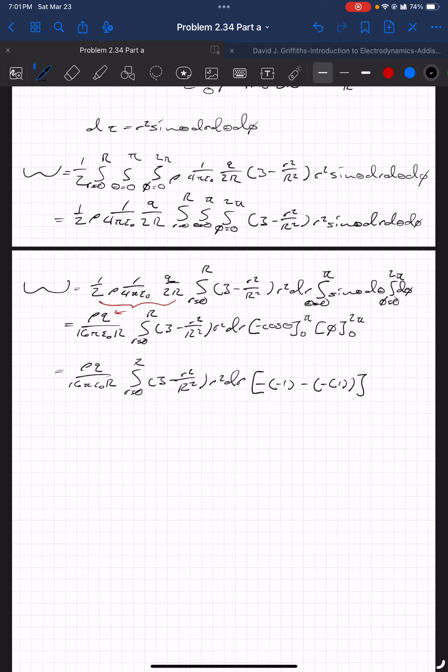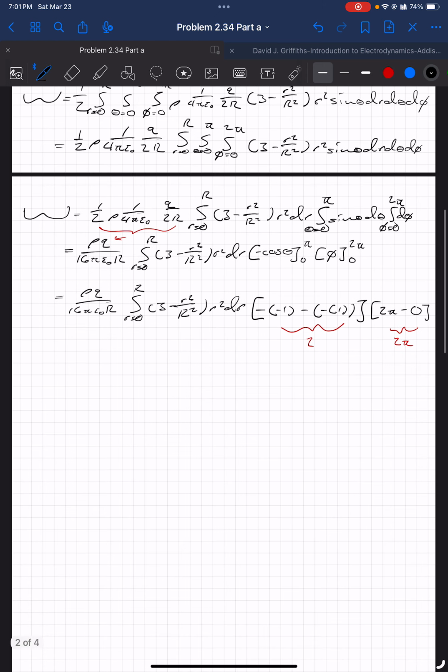And then phi from 2 pi minus phi 1 is equal to 0 minus 0. And these, of course, just equal 2. That was a bad 2. And this just equals 2 pi. That's quite bad, but you understand the premise.